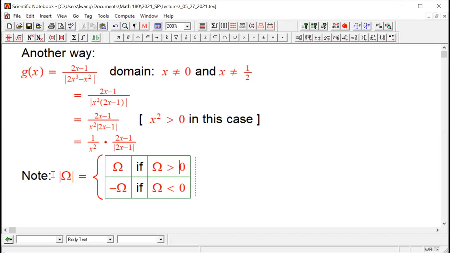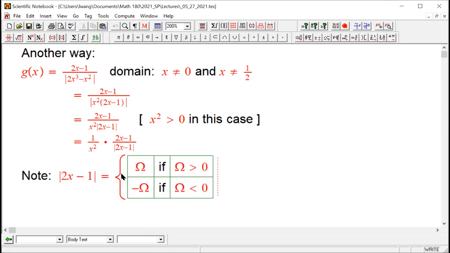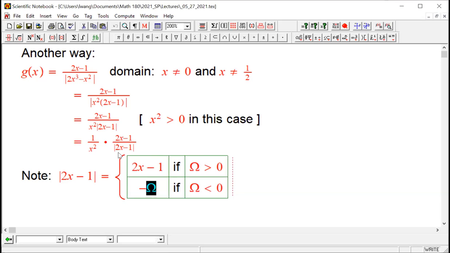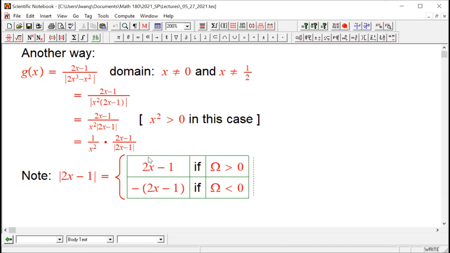So that one is 2x minus 1, and that's 2x minus 1, and that's 2x. This is very familiar, right? So 2x minus 1, 2x minus 1, and we know that's x larger than half, right?